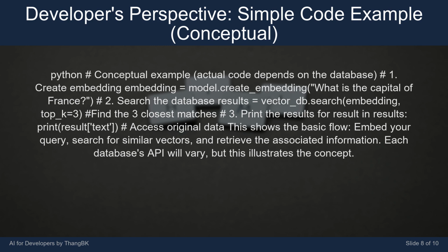Find the 3 closest matches. Number 3. Print the results. For result in results: print(result.text) # access original data. This shows the basic flow. Embed your query, search for similar vectors, and retrieve the associated information. Each database's API will vary, but this illustrates the concept.